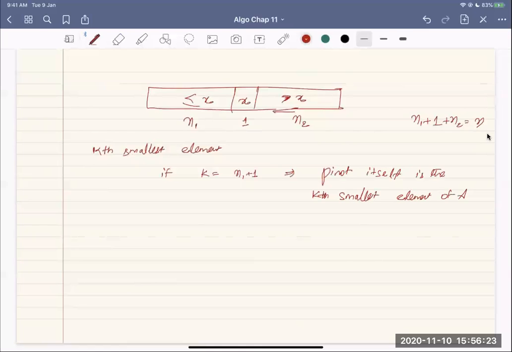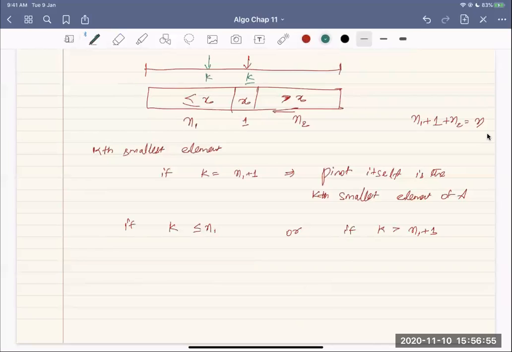But what about if k is less than or equal to n1? What would happen? Or if k is greater than n1 plus 1? So k can be anywhere on this. So this can be k, this is easy, or k can be here. So if k is less than or equal to n1, what would you say?